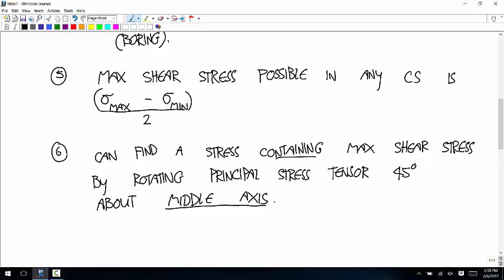And the middle axis, I'm talking about the axis corresponding to that middle eigenvalue, or that middle principal stress.